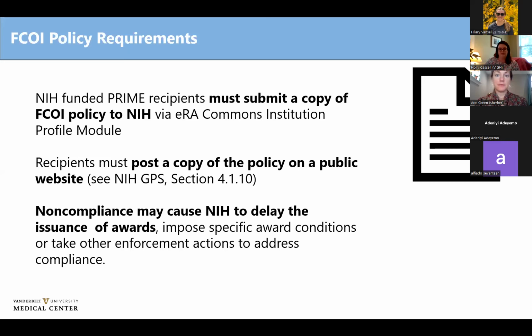And so it delayed the notice of award by several months because they had to create a policy. It had to go through their legal system. It then had to go to the website. So it's really, really important that if the leaders in your organization are interested in priming, you advise them and say, this is a policy, you must go ahead and get this started.